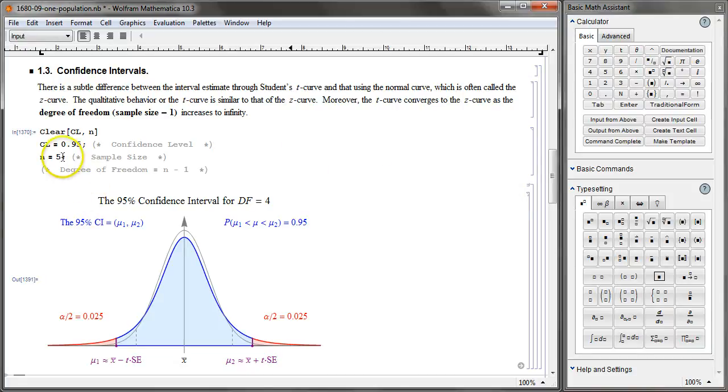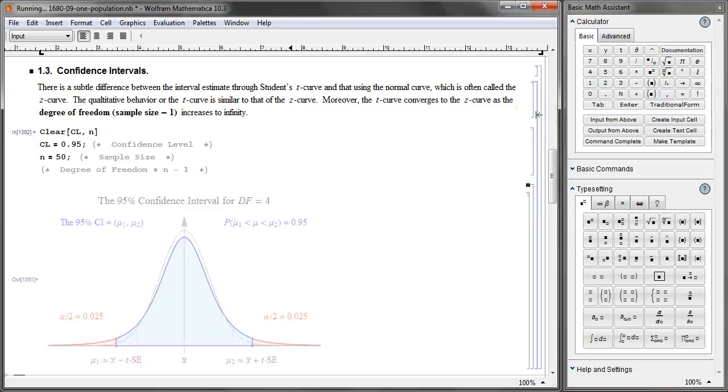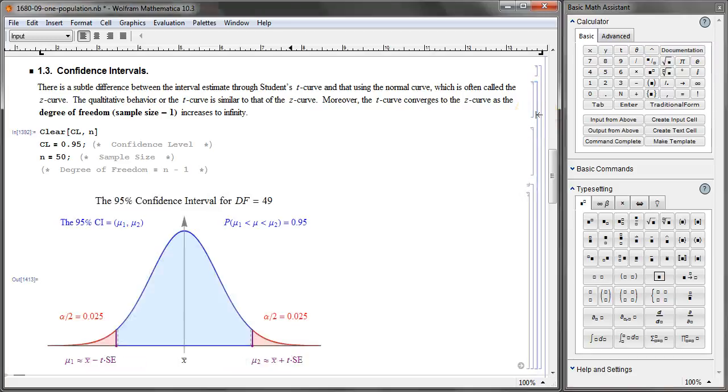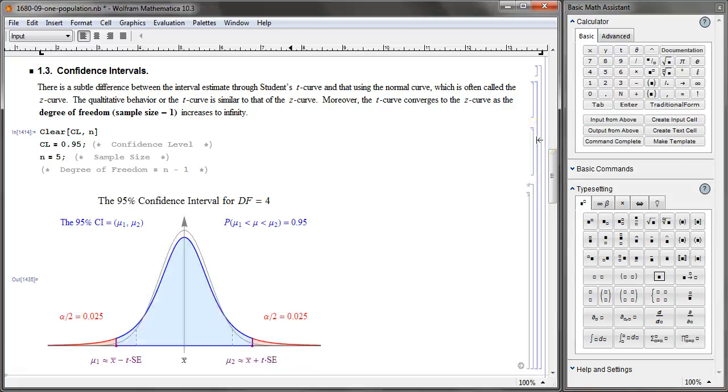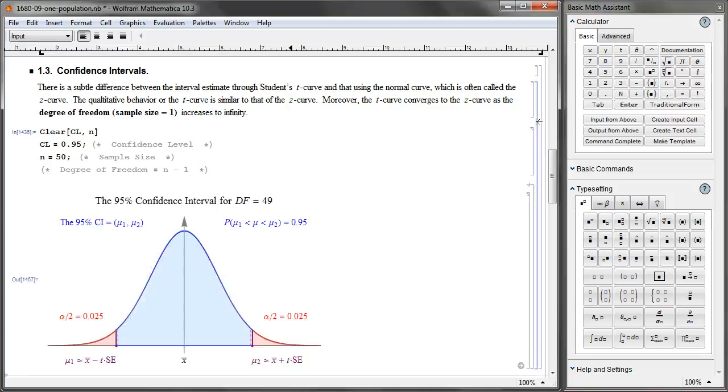Now what if we increase the sample size? As expected, almost no change. Early on, significant change between the normal and the t-curve. Something like n equals 50, almost no difference. The normal curve, the z-curve, didn't go anywhere.